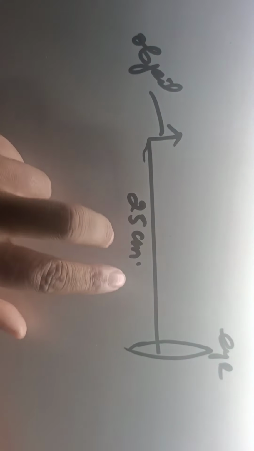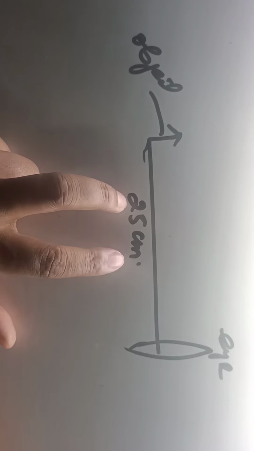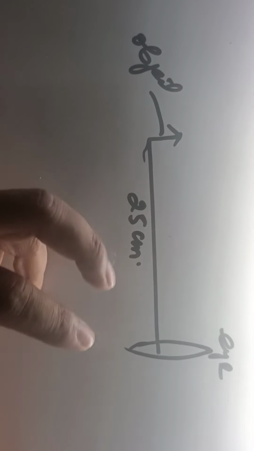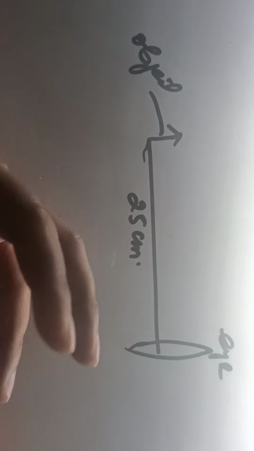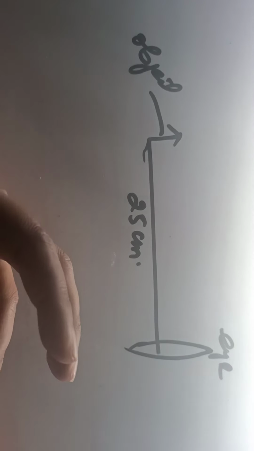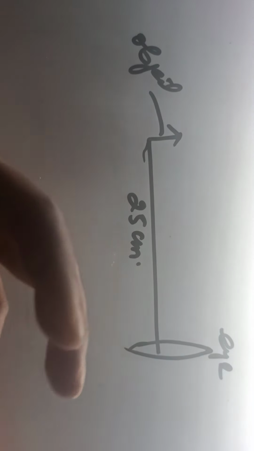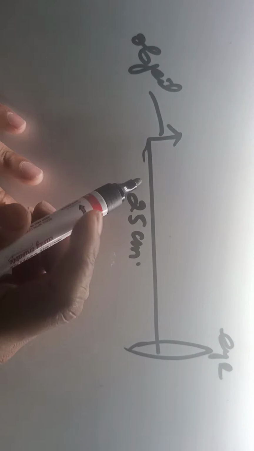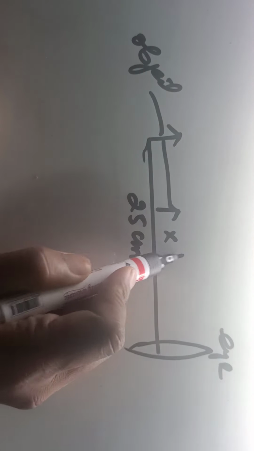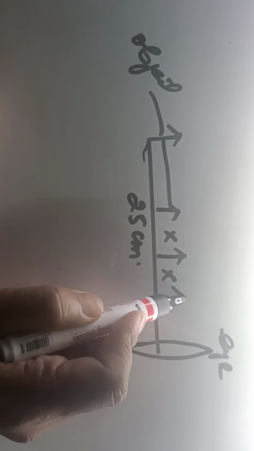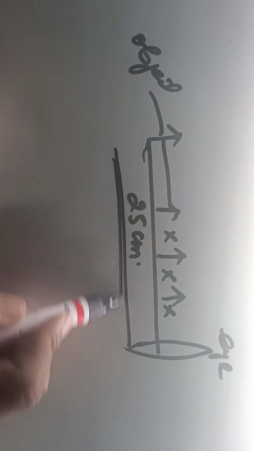In very simple language, how close can you keep an object to your eye so that you can see it clearly? Remember, it should be 25 centimeter. If you bring the object closer to the eye, less than 25 centimeter, you will not be able to see it clearly.